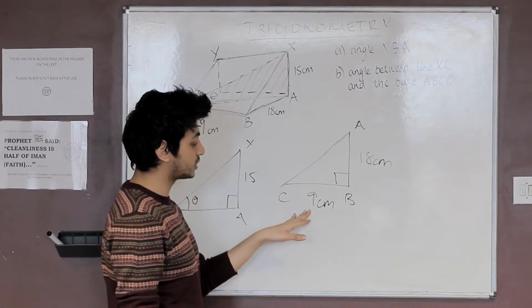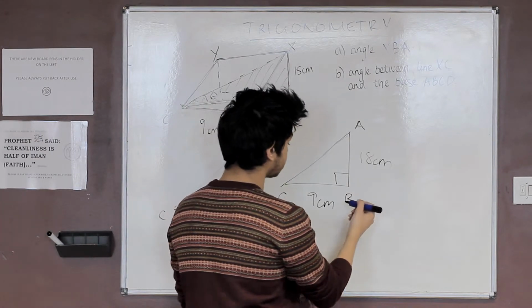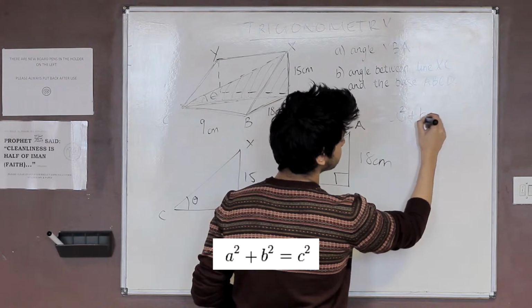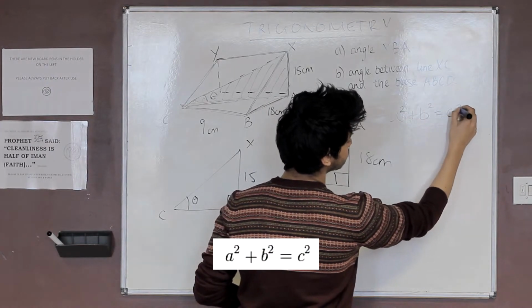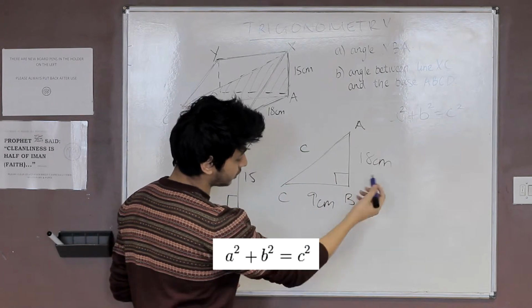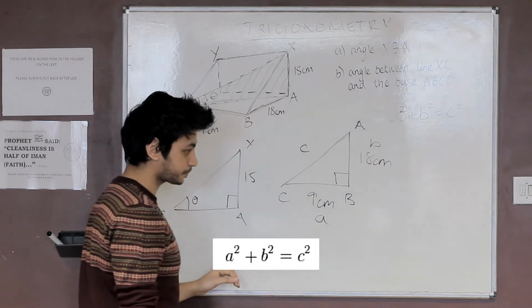What we need to use in this case is Pythagoras' theorem. You must have come across this before. It's a simple formula: a squared plus b squared equals c squared. This is going to be your c, and either one of these could be your a and b. Let's label this a and this b.